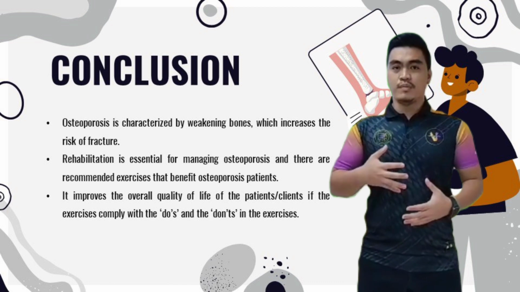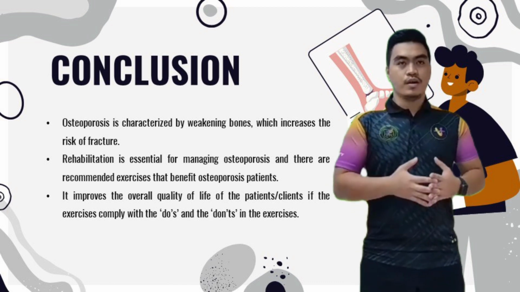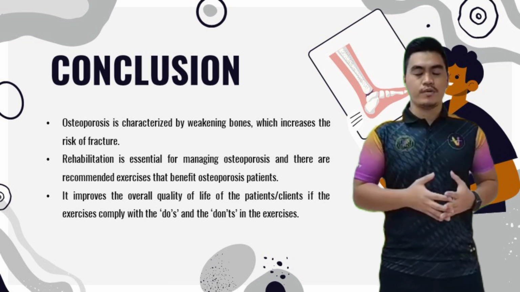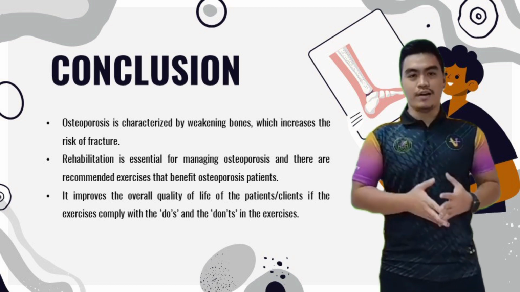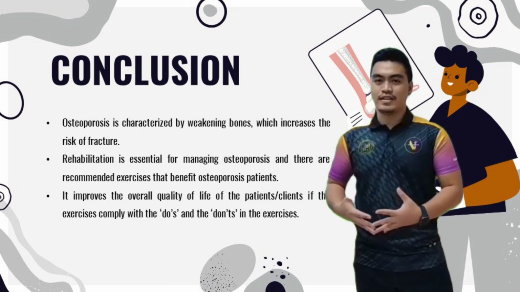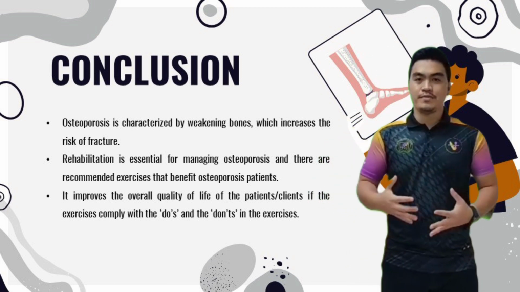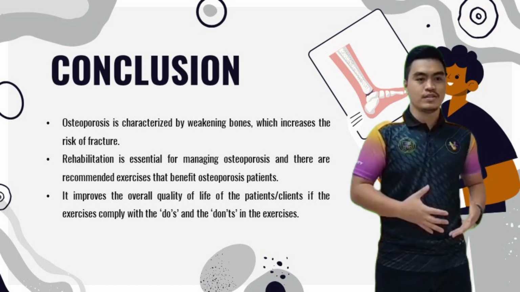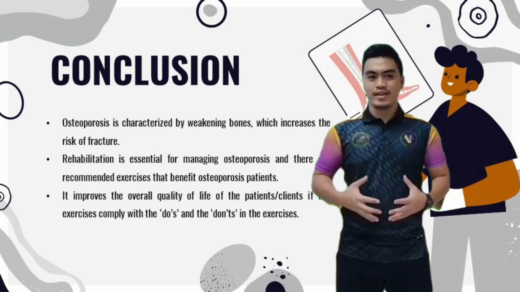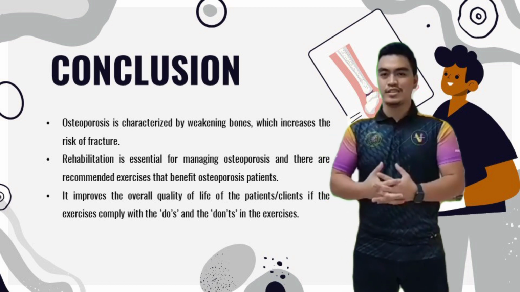Rehabilitation is essential for managing this bone disease and improving overall quality of life. It is recommended that exercise be done, as it gives benefits to the disease. It also increases bone density, improves muscle strength, and improves balance and coordination.